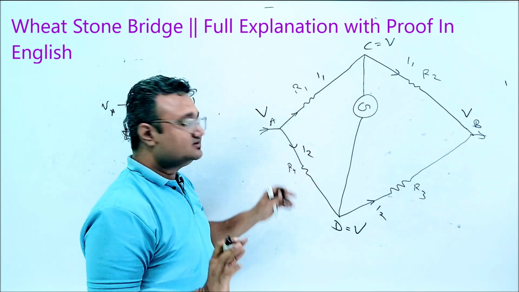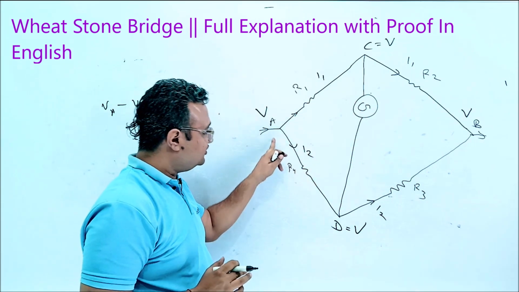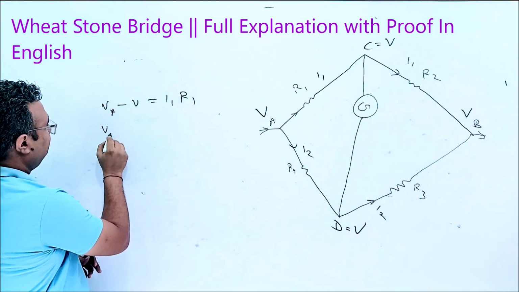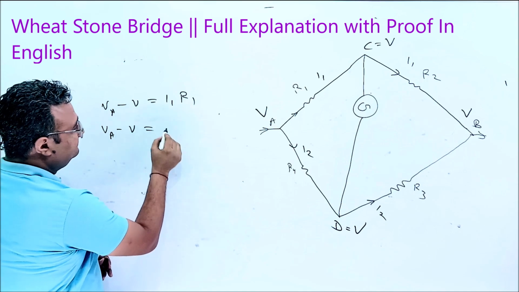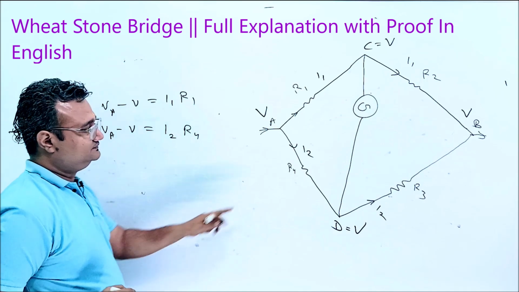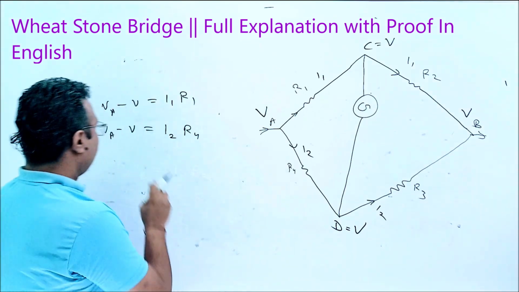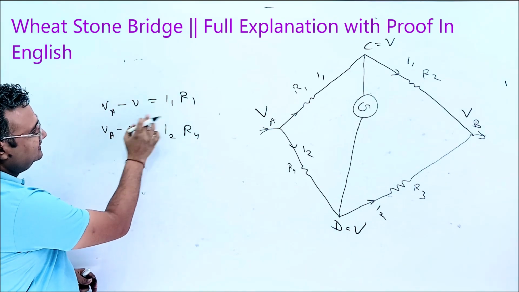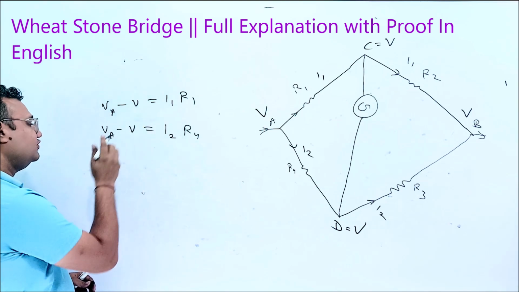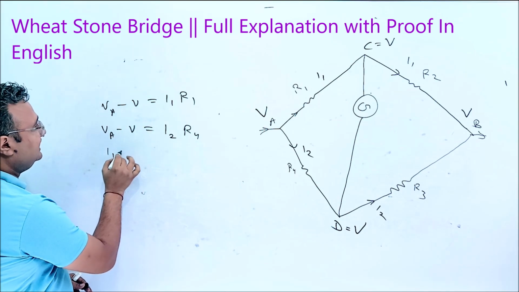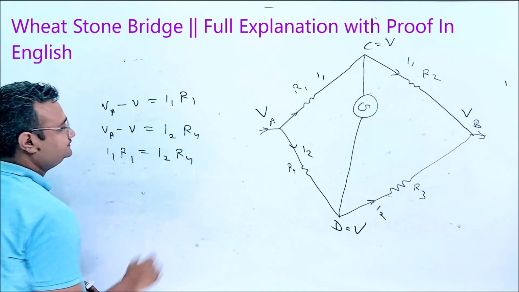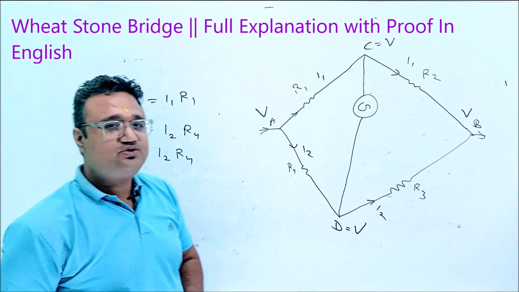Applying the same Ohm's law for this branch, again the potential difference VA minus V equals I2 R4. Because both expressions are equal to VA minus V, we can write I1 R1 equal to I2 R4. Is it clear to you?